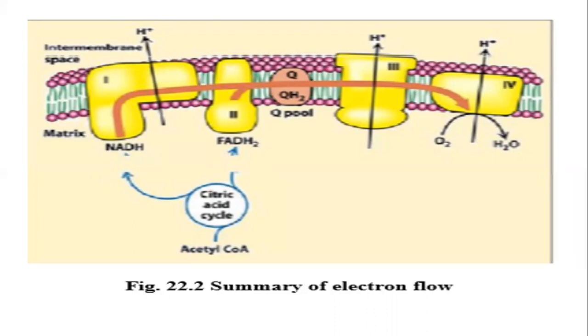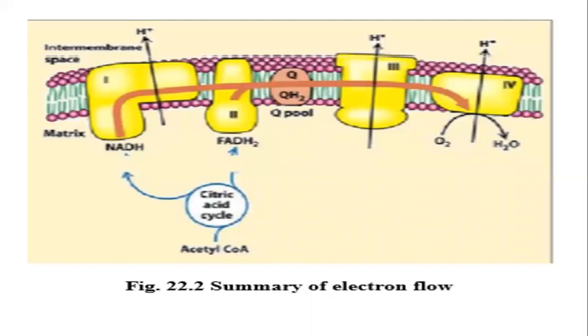While oxidizing NADH and FADH2 to generate substantial amount of energy and ATP molecules, in this case we will see only the role of three complexes which are present in the inner membrane of the mitochondria.